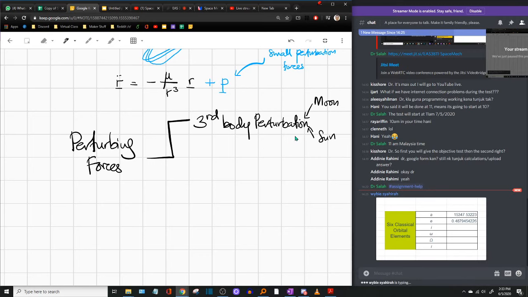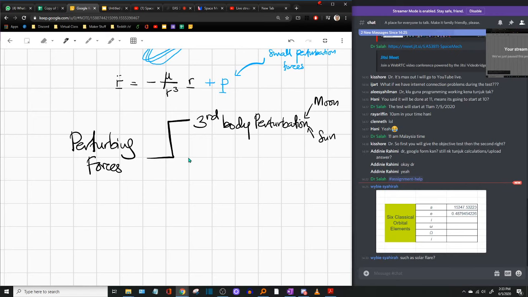Okay, so that's such a solar flare. Oh, it is not solar flare. This is actually originated from the gravity pull of those two bodies themselves, the moon and the sun.